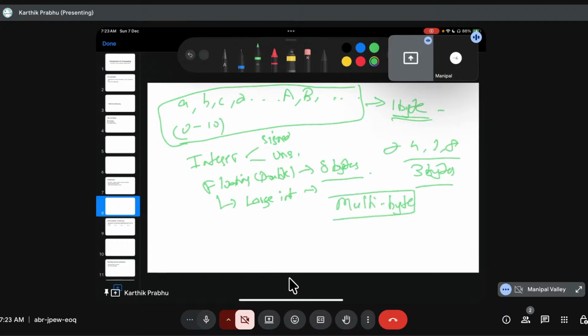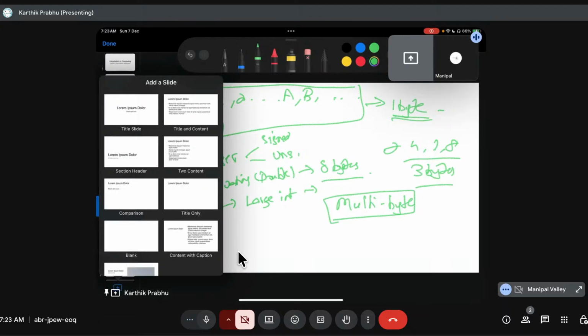So for these special multi-byte data types, we have endianness. Endianness refers to the order in which the bytes of a multi-byte data type are stored. So this is an important thing to understand.